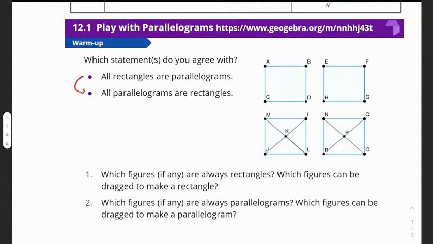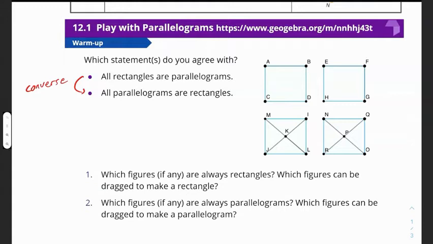So notice what we have here is the converse, right? So instead of if P then Q, it's if Q then P. So which statements do you agree with? All rectangles are parallelograms? Well, all rectangles have to have 90-degree angles, based off the definition from earlier.